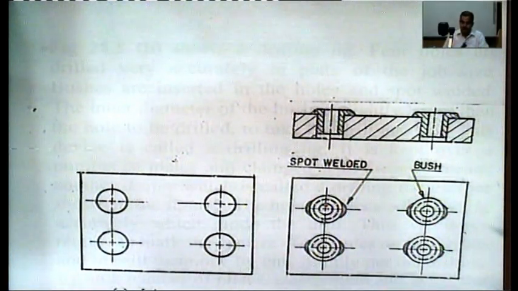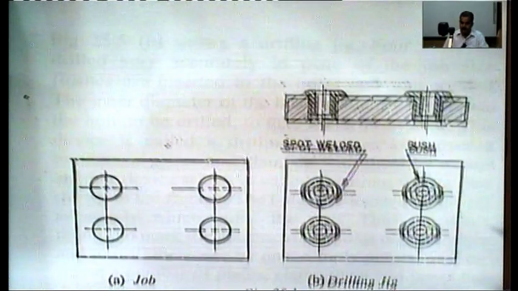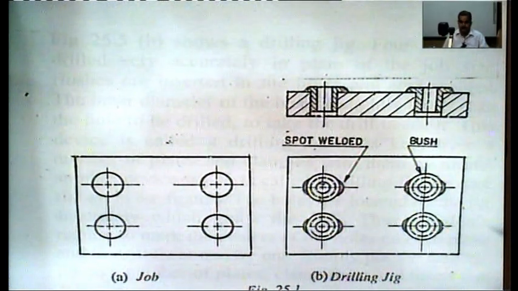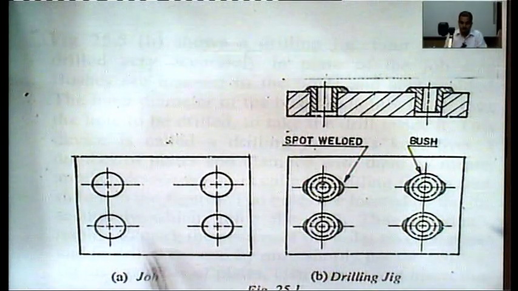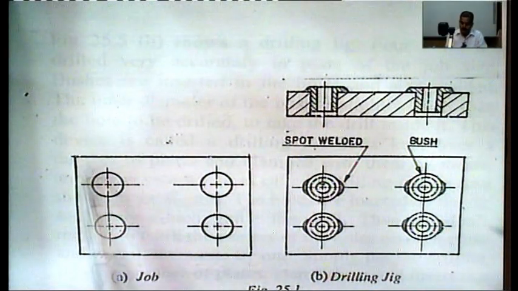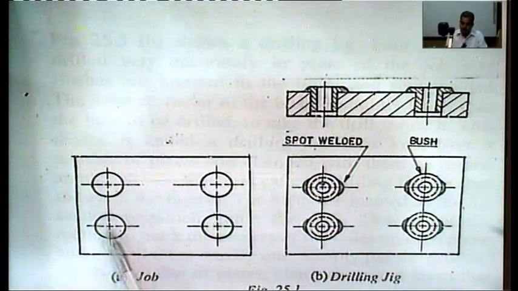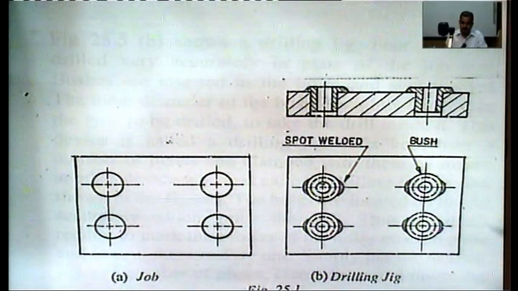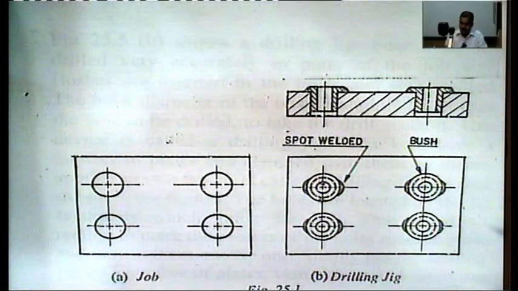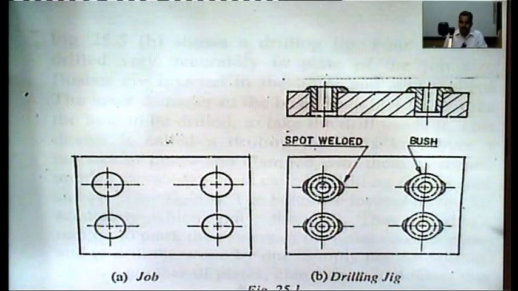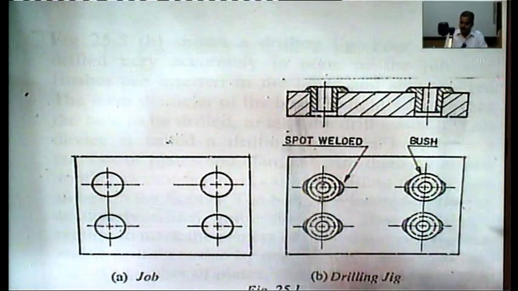Now on your monitor you can see this is our job, rectangular job, in which 4 holes are to be drilled. For this job, what we do, we prepare a jig.